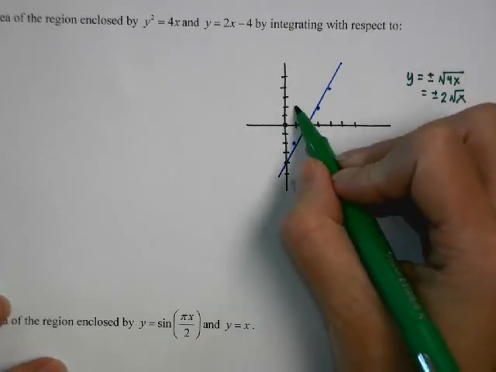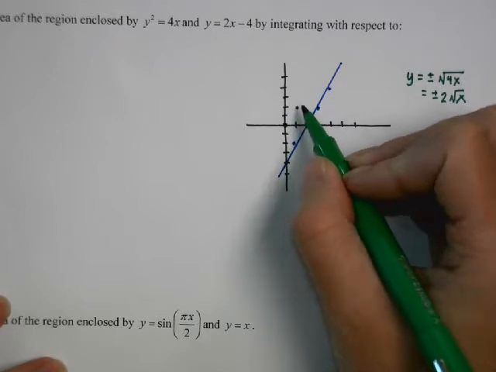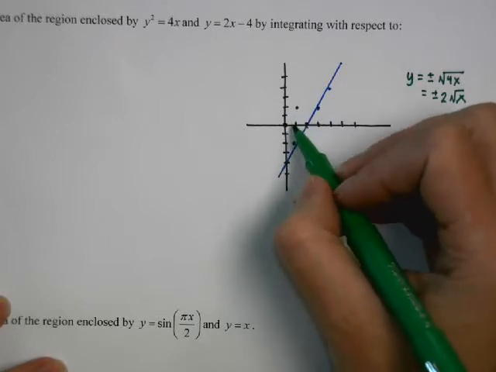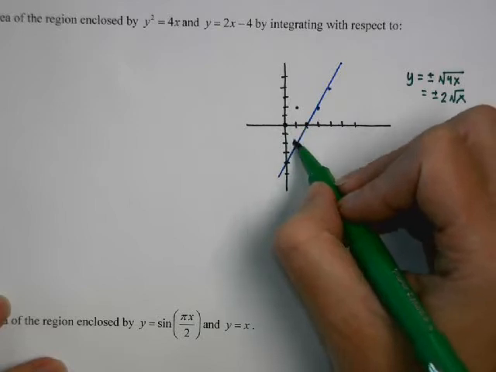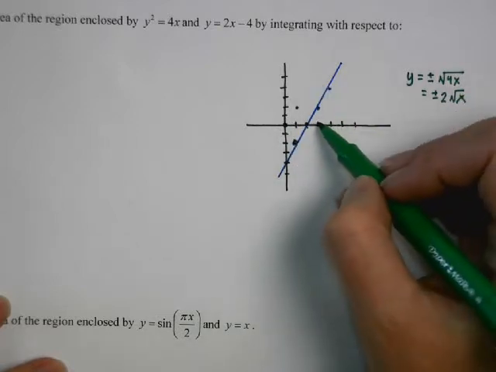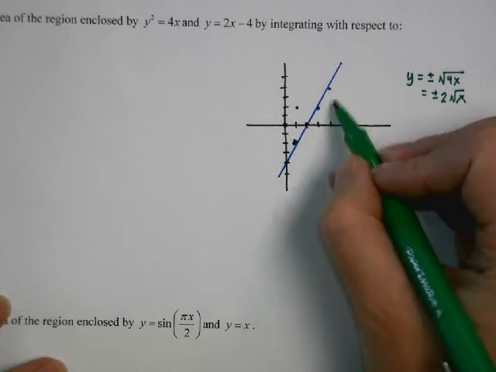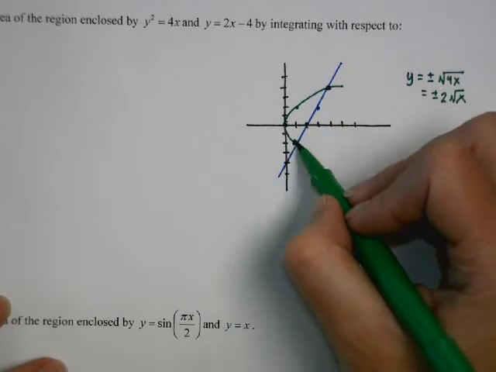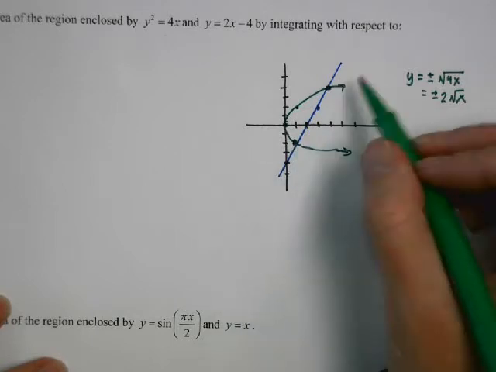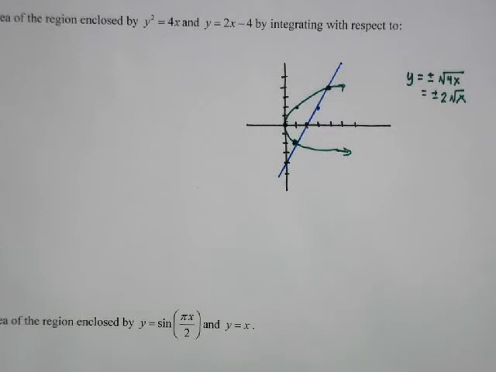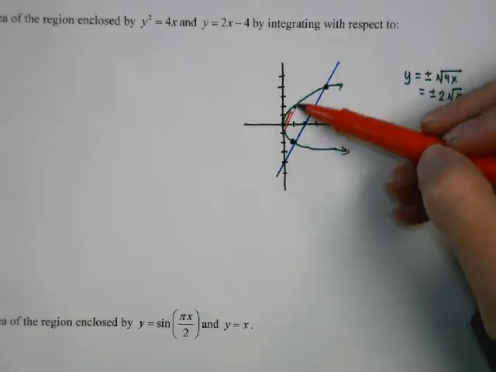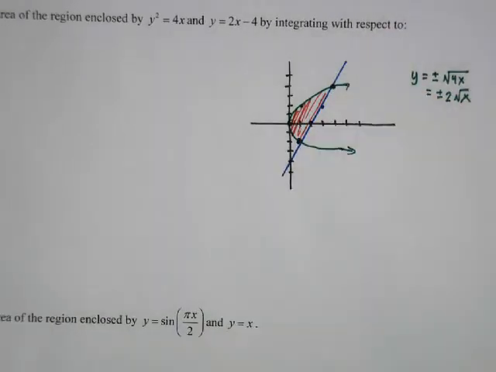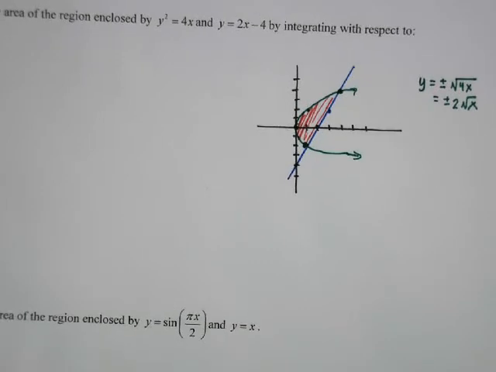At 1, we're going to be at 2 and negative 2. And then the other intersection point is going to be at (4, 4).